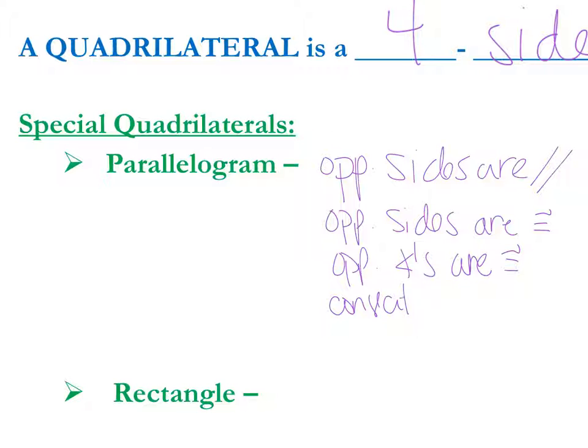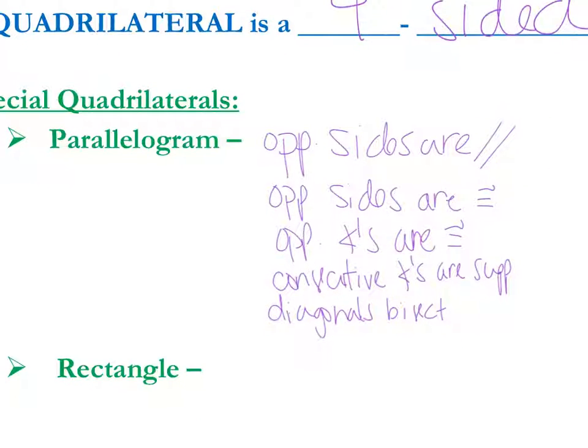Consecutive angles are supplementary. And the last one is diagonals bisect each other. You definitely need to learn these first 5 because each parallelogram contains these 5 properties and then some more. So it's important to know the framework of what a parallelogram is.